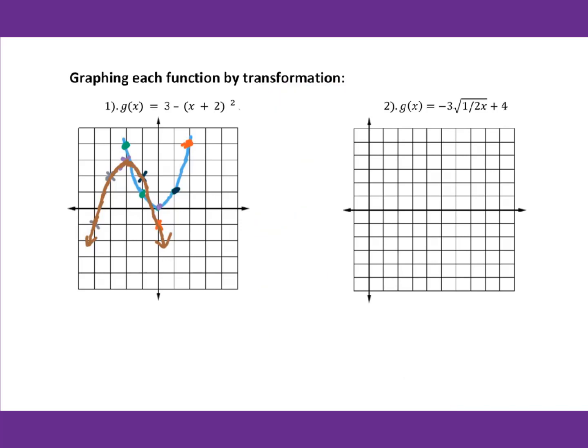Let's go to number 2. For transformation, the first step, second step, third, and a fourth. Reflect across the x-axis. Second step, that's vertically stretch by a factor of 3, which means your y coordinates multiplied by 3.